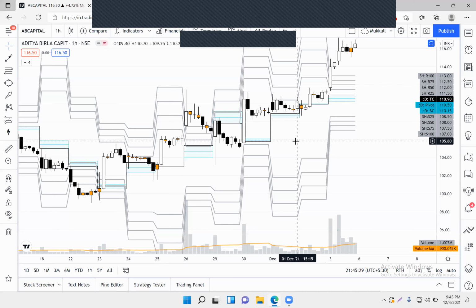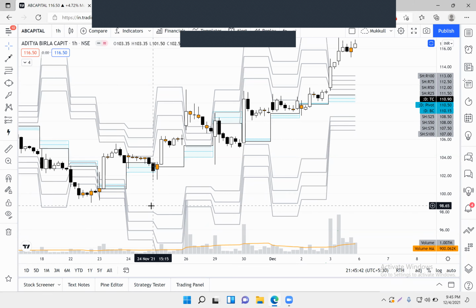First thing, we will search for uptrending stocks, something like this, or at least stocks that are uptrending for at least 1 or 2 days. They're continuously in an uptrend momentum for the past 2 or 3 days.